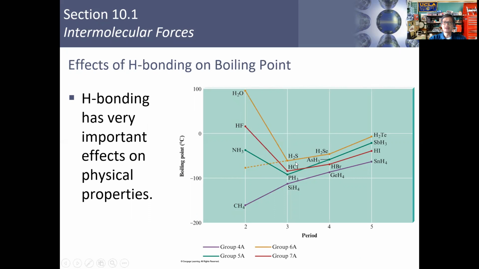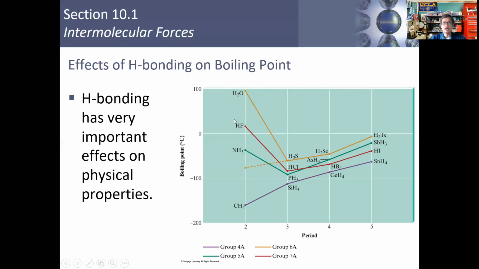Obviously, water hydrogen bonds. Sulfur doesn't hydrogen bond as much, since sulfur is not quite as electronegative. So as we go from tellurium to selenium to sulfur, we get a huge jump in boiling point, because here we have hydrogen bonding occurring to a much greater extent.